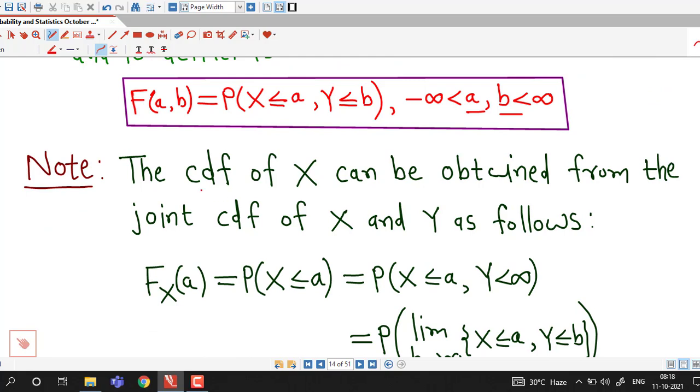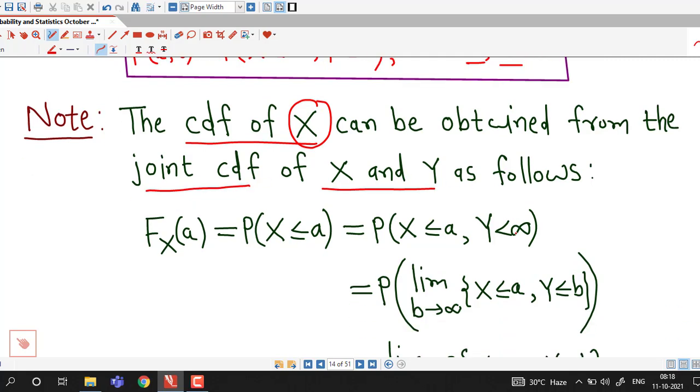Now we can obtain the distribution function of an individual random variable from the joint distribution function of X and Y in this way. Suppose we are interested in the CDF of random variable capital X, then by definition F(a) equals the probability that capital X is less than or equal to a. So in the joint CDF we fix this event X is less than or equal to a and we vary Y. So the probability that X is less than or equal to a, Y is less than infinity.